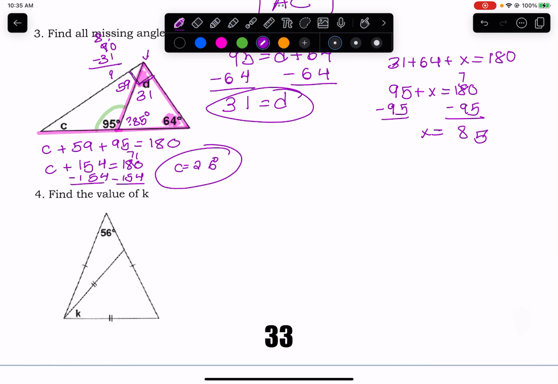Now, if we look at number 4, find the value of K. They have a couple of different measurements marked. If we look, we have two different isosceles triangles here. So we have this one right here.